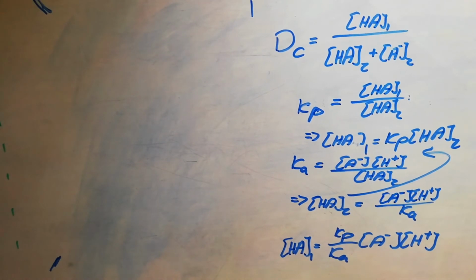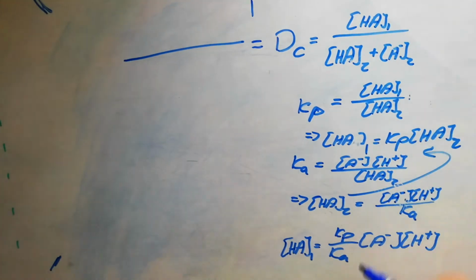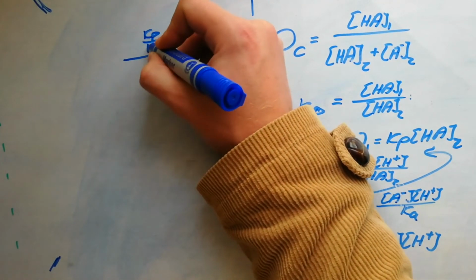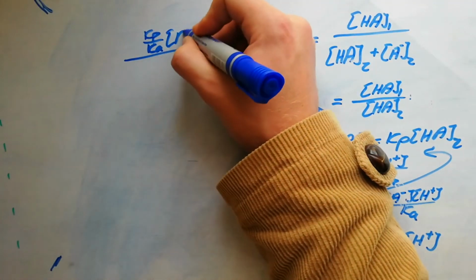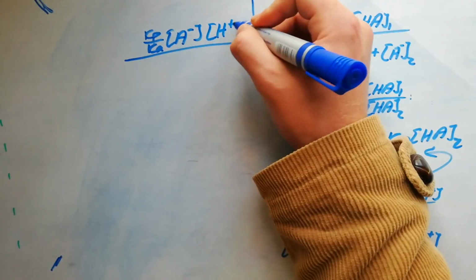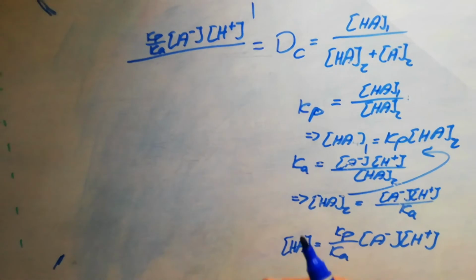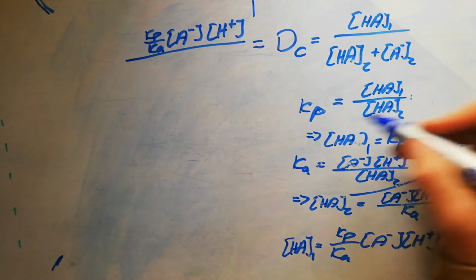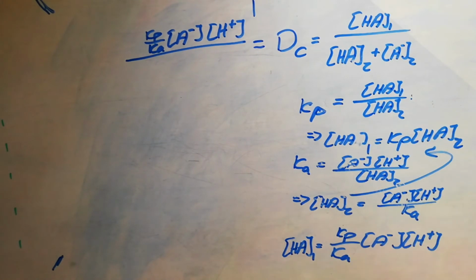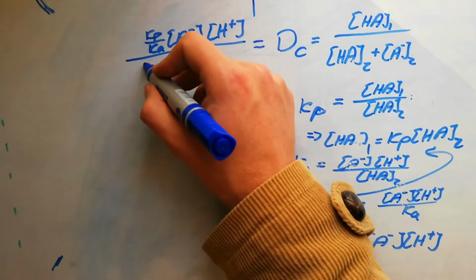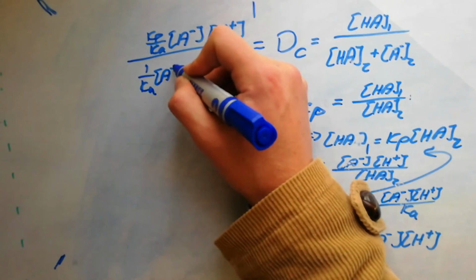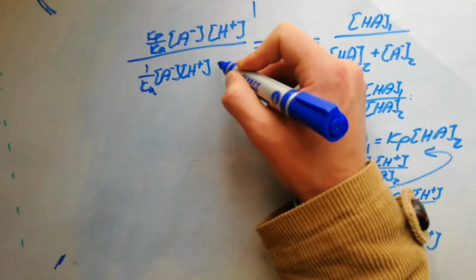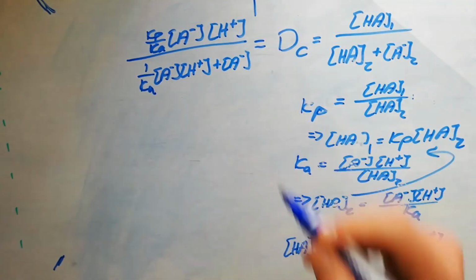Fine. Okay. Now it follows that this becomes HA1. We have a new way of writing it, which is cool, and it's important because this will give us a bit more insight about this distribution constant and why it differs from the Kp. And HA2 can be written as what we have here, plus A minus. Right.